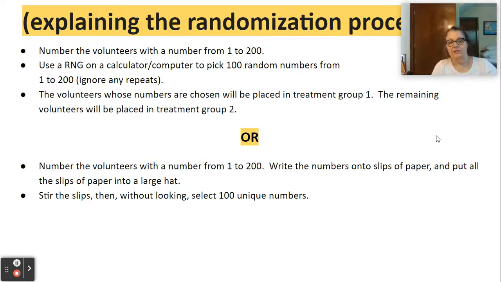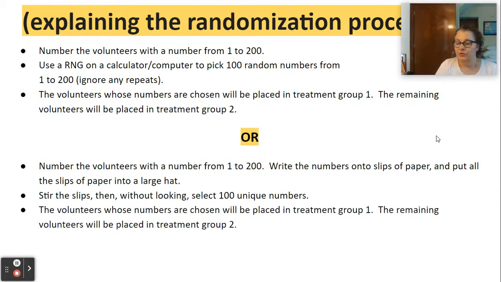You have to make sure that you stir the slips, and then without looking, I'm going to select 100 unique numbers. And then just like before, you're going to tell me how you're going to assign them, and the volunteers whose numbers are chosen will be placed in treatment group 1, and then the remaining will be placed in treatment group 2. Okay?